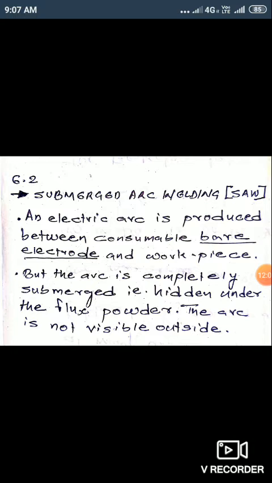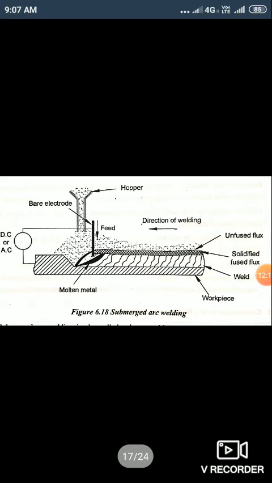Since the arc is completely covered by flux powder, there will not be any defect in the weld due to atmospheric effects. Here we can see the figure of submerged arc welding, and here we can see that a consumable bare electrode is there and it is fed.